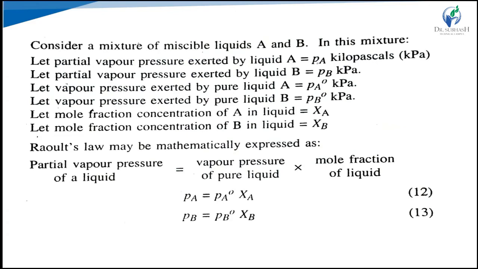The vapor pressure exerted by pure liquid A is Pa0, and similarly for B, Pb0. Let the mole fraction concentration of A in the liquid be Xa, and that of B be Xb. So mathematically, the partial vapor pressure of the liquid is equal to the vapor pressure of the pure liquid multiplied by the mole fraction of the liquid.